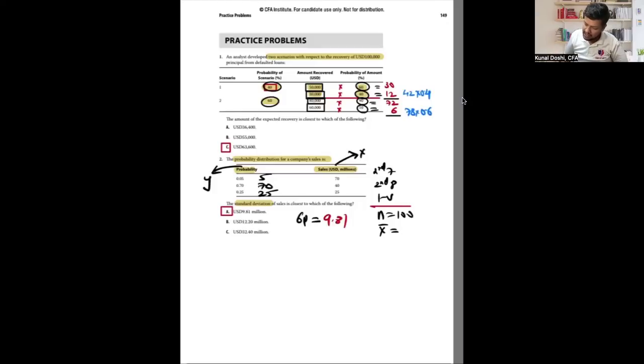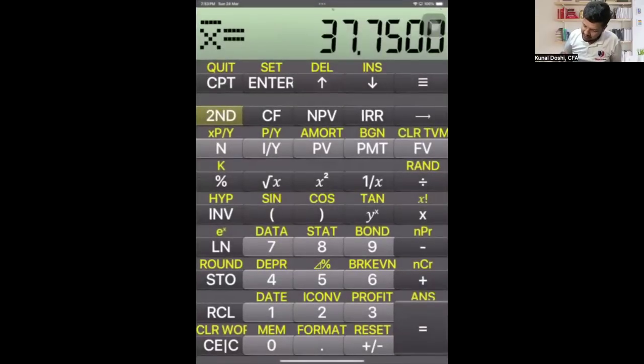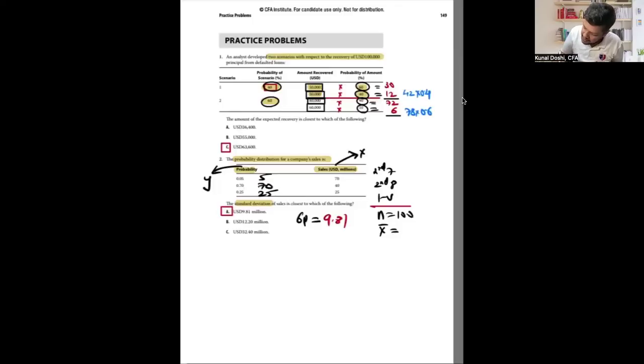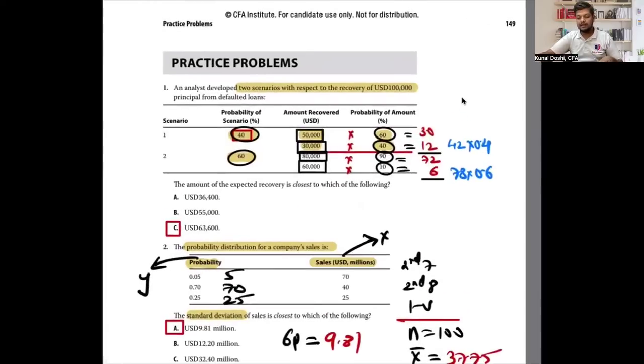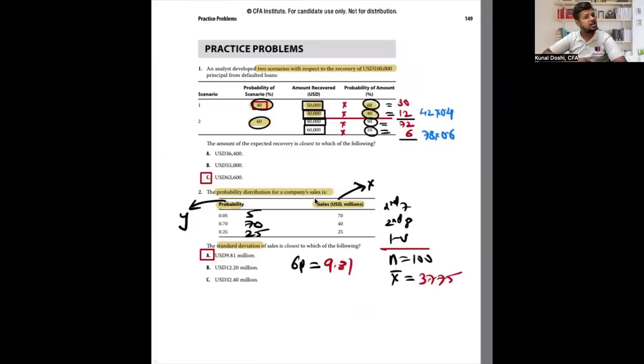And what was my mean? Even though not needed, but we'll just see what the mean was here: 37.75. Everyone understood this? Clear? Anyone has any questions? Why I used population standard deviation and not sample? Clear? Okay, great. Perfect. Could you please solve again with calculation?